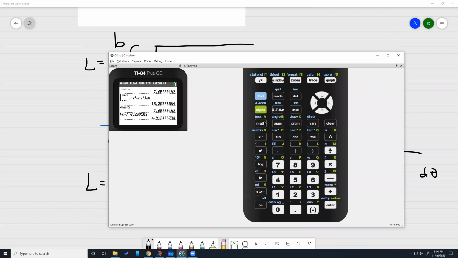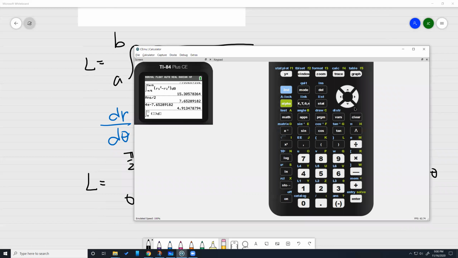We'll go ahead and type in the integral. Oh, that's right, I forgot. This needs to be under a square root, so let me go ahead and do that in there.